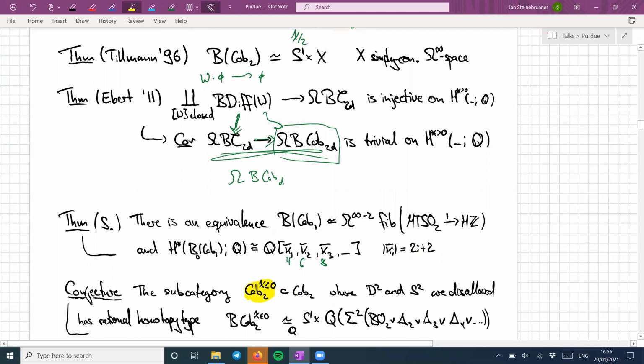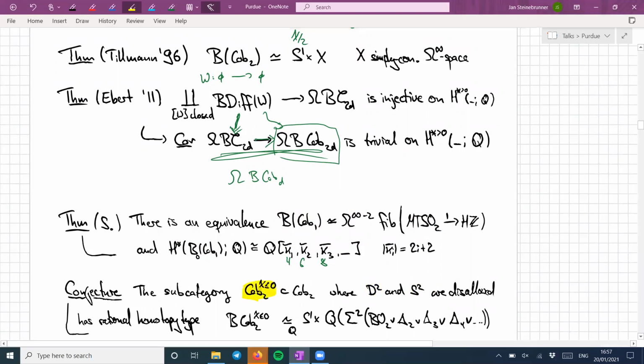What I mean is that I only allow bordisms that have connected components with non-positive Euler characteristic. There aren't that many surfaces. The only thing it means is I don't allow 2-disks and 2-spheres as bordisms or as building blocks. But there's still all the cylinders and all the higher genus surfaces.